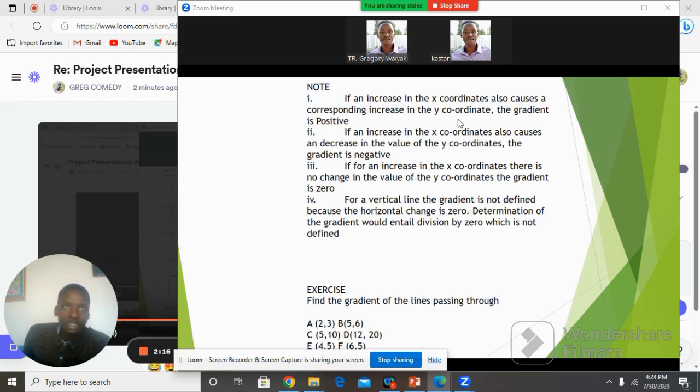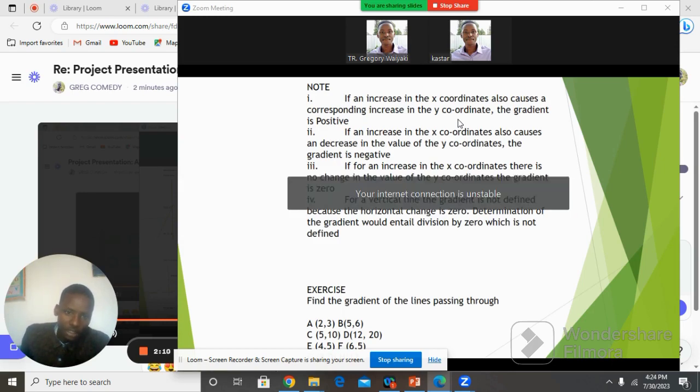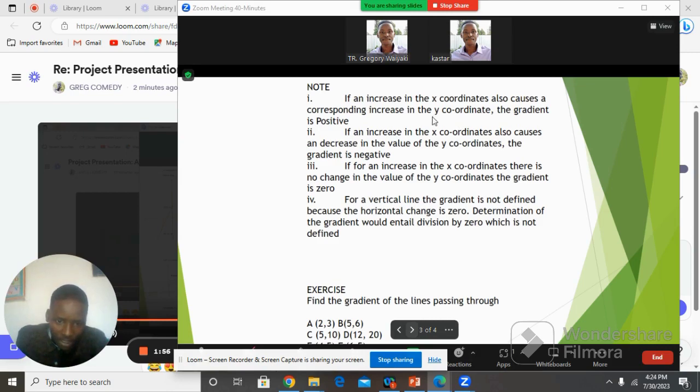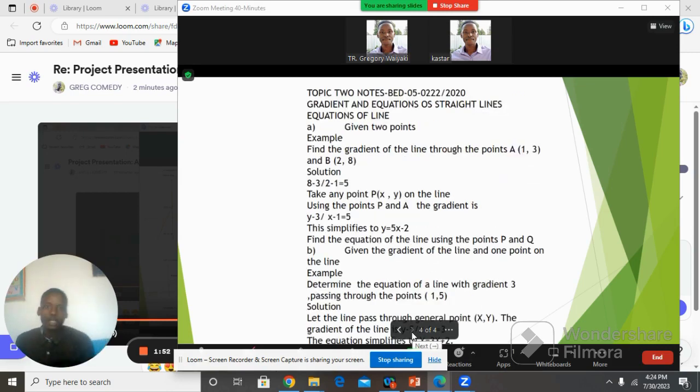The gradient is the change in y coordinate divided by the change in x coordinate. Therefore, we say 6 minus 3 divided by 5 minus 2. Meaning we will have 3 divided by 3, and the answer will be 1.